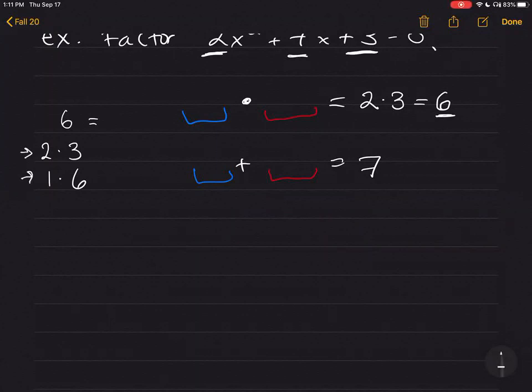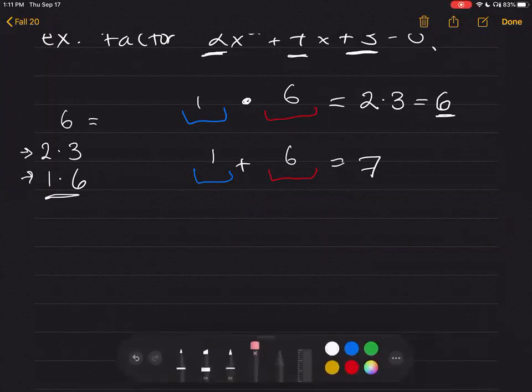If we pick 1 times 6, that's equal to 6, and 1 plus 6 is equal to 7. But if I tried to choose 2 and 3, 2 times 3 equals 6, but 2 plus 3 is 5, and that's not equal to 7. So that's not what we want. We definitely want 1 and 6 in these slots.